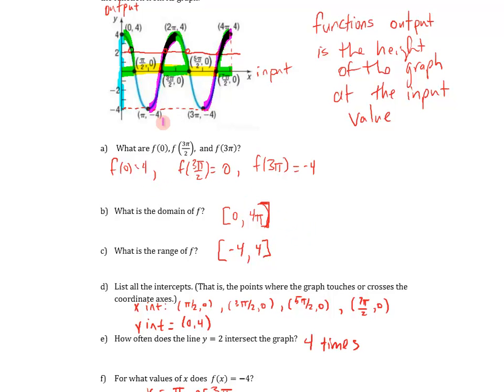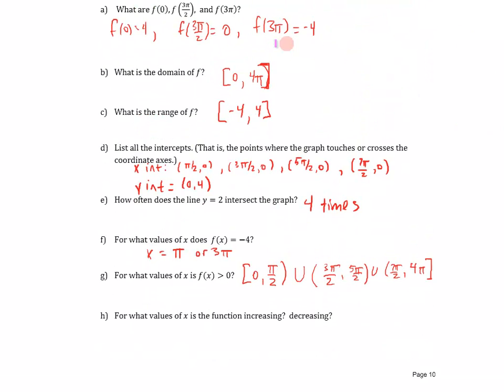Which is a value from pi to 2 pi and 3 pi to 4 pi. So increasing from pi to 2 pi and from 3 pi to 4 pi.